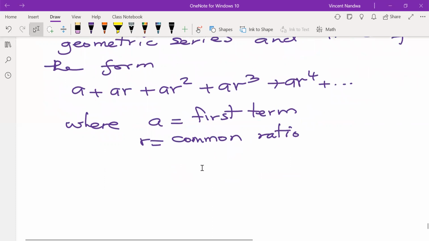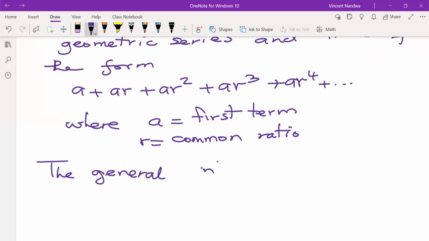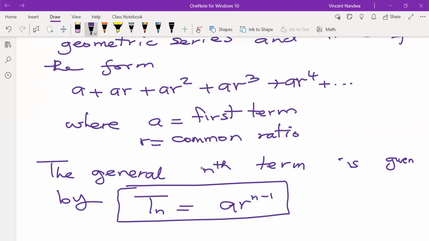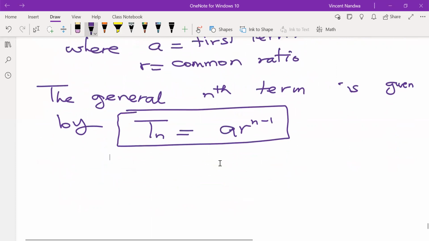So the general nth term of a geometric progression is the same as the general term of a geometric sequence, which is given by Tn equals A R power n minus 1. So that's how we define a geometric progression.